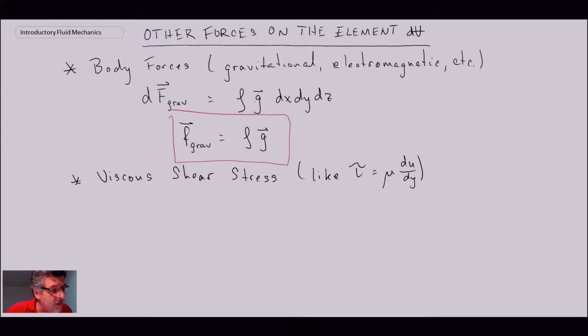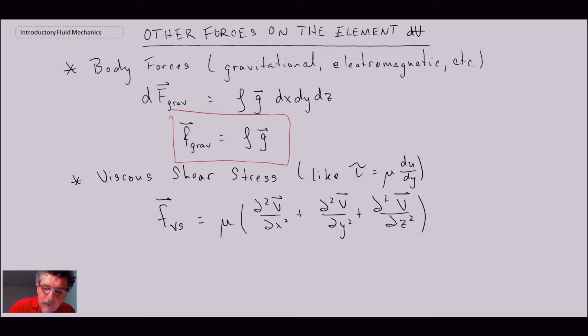For three-dimensional fluid flow, we can write out an equation, and I will put it as Vs for viscous shear. That is the term for viscous shear, and viscosity is our proportionality constant. We will express that as mu times del squared V, the vector form of V.